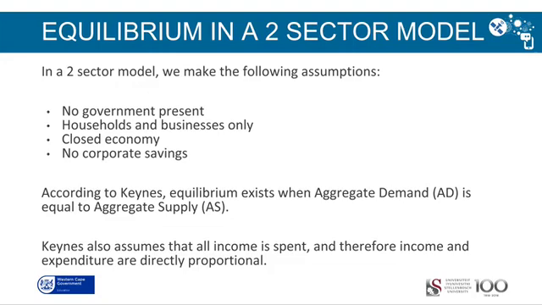According to John Maynard Keynes, equilibrium exists when aggregate demand is equal to aggregate supply. Keynes also assumes that all income is spent, and therefore income and expenditure are directly proportional. Remember, we're talking about a two-sector model with only households and businesses.